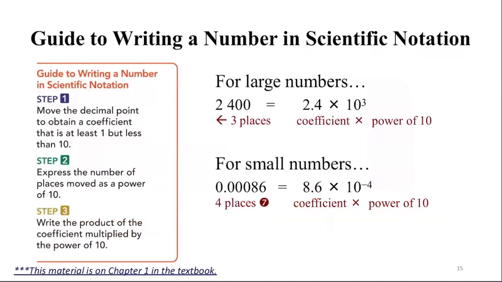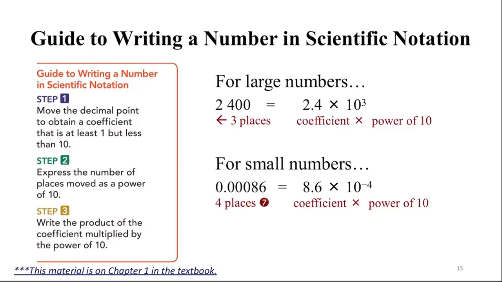When we're writing in scientific notation, understand that there are rules. Give me one moment. There are going to be rules when we're dealing with a very large number or when we are dealing with small numbers.